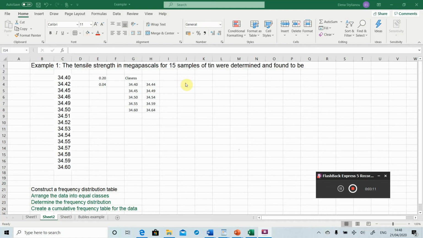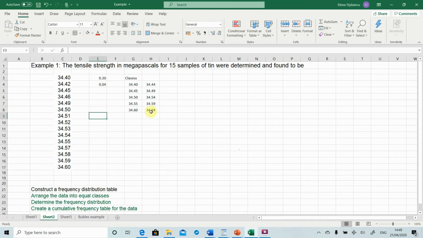The next thing we need to pay attention to is that our data is continuous data, because tensile strength is continuous. We could measure it with 3 decimal places, with 4 decimal places. The only thing is, all data which were collected in the table were rounded to 2 decimal places. For example, if your data was 34.3999, it was rounded to 34.40.